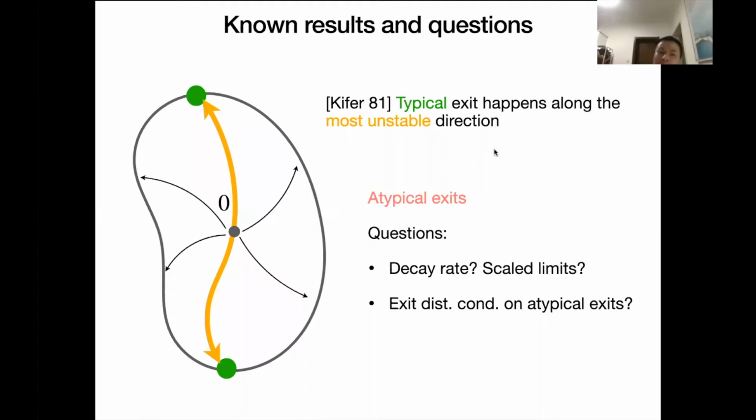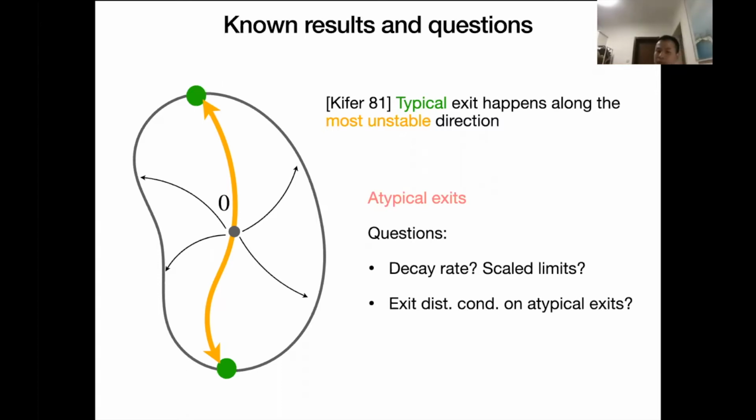It is known that the typical exit happens along the most unstable direction. Let me describe what the most unstable direction is. We assume the vector field has some linearization at the origin.